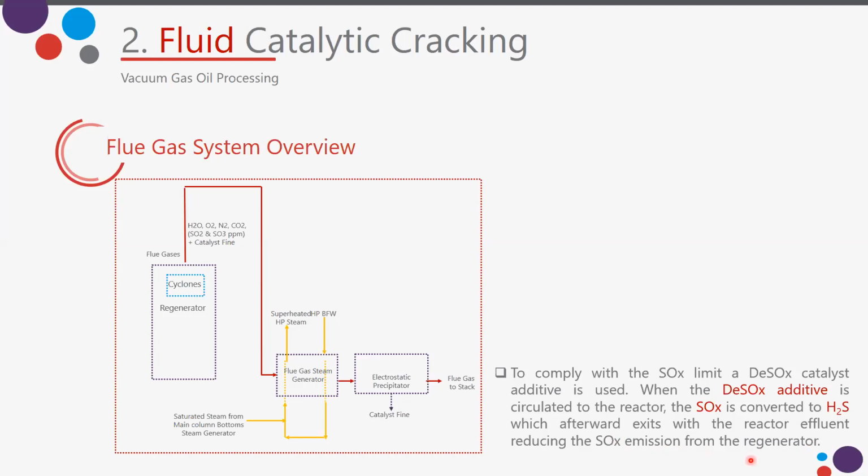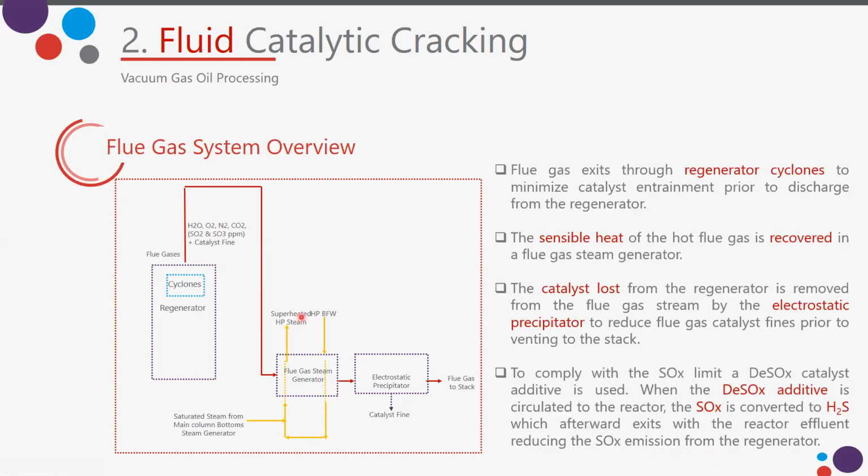So this is to comply with the maximum amount of SOx that we can have. Remember that if you vent this SOx to the atmosphere, it is also a cause of acid rain. So this is a flue gas system overview.